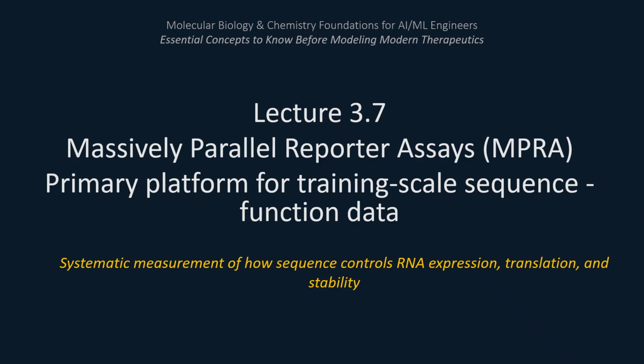Each sequence is linked to a barcode, and then eventually sequencing readouts quantify how strongly that sequence drives things like RNA abundance, decay, for example. So overall, it converts sequence variation into quantitative functional labels.